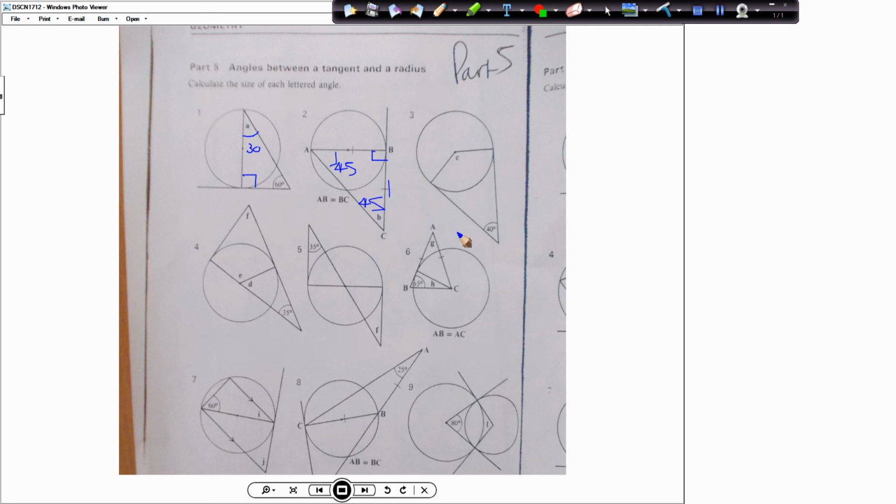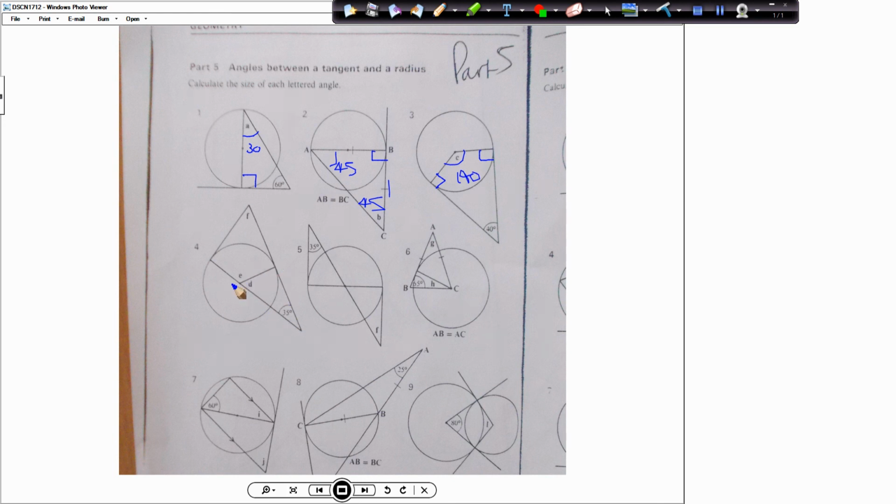And this line here is my tangent. So the angle between the radius and the tangent has to be 90. 90, 90, that's 180, and this has to be 180 as well. So C will be equal to 140. Excellent, well done.